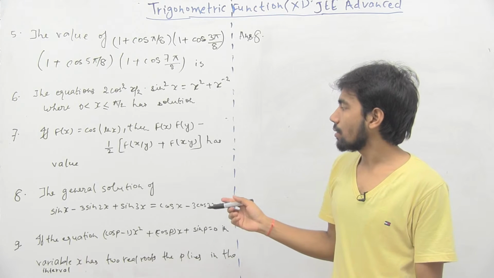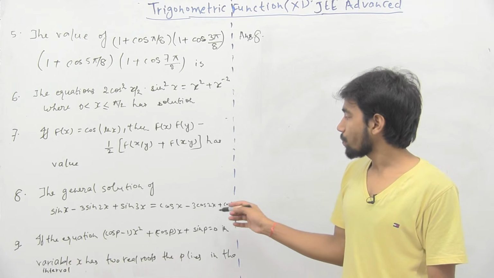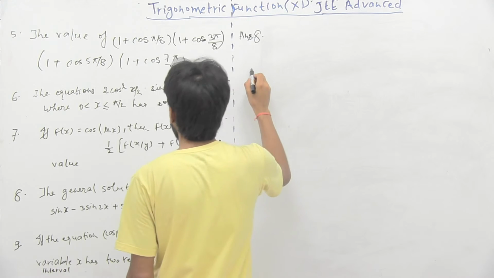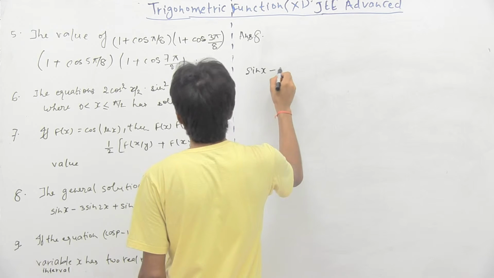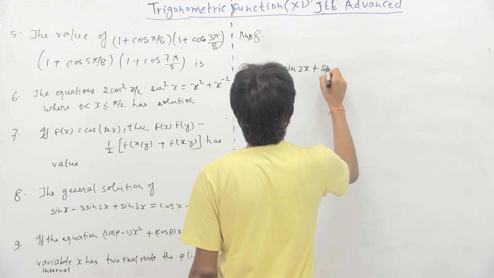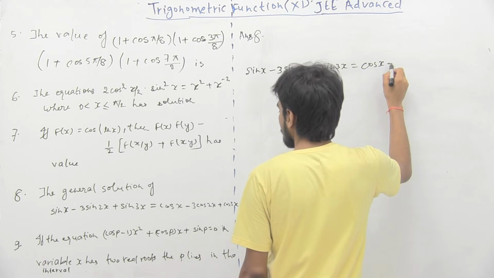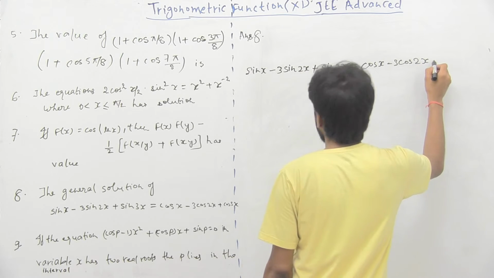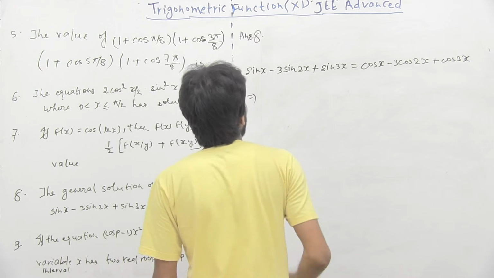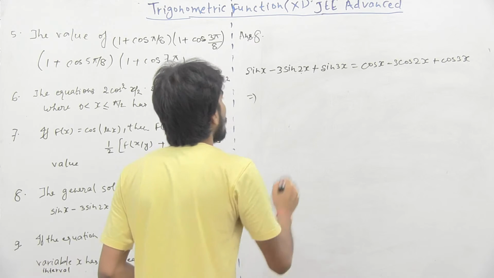Now see question number 8. We have to find the general solution of sin x minus 3 sin 2x plus sin 3x equals cos x minus 3 cos 2x plus cos 3x. So here it is sin 2x.